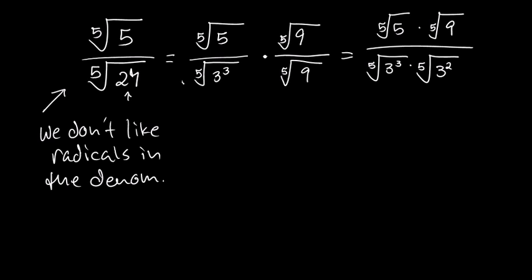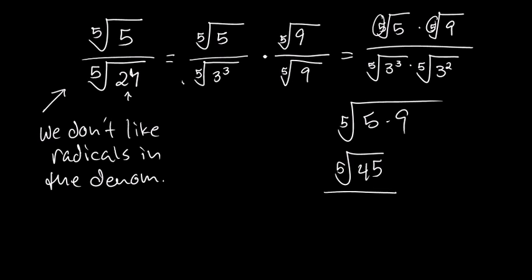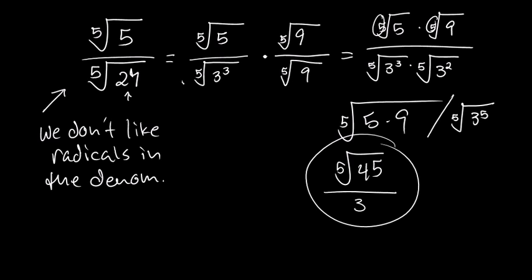The reverse product rule tells me that, since all of these index numbers are the same, on top, I can go ahead and do 5 times 9, which is the fifth root of 45. And on bottom, I'm going to end up with the fifth root of 3 to the fifth. And that conveniently reduces to 3. So here's your solution. That is rationalizing the denominator.